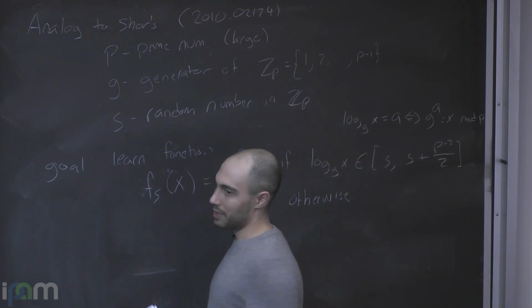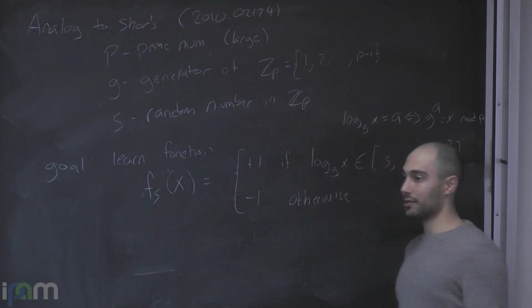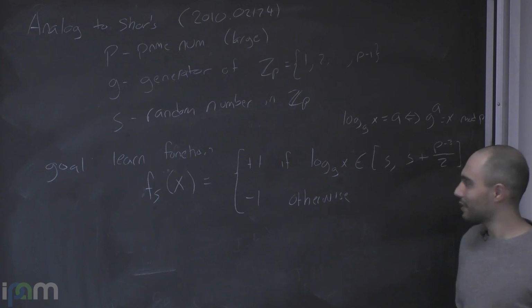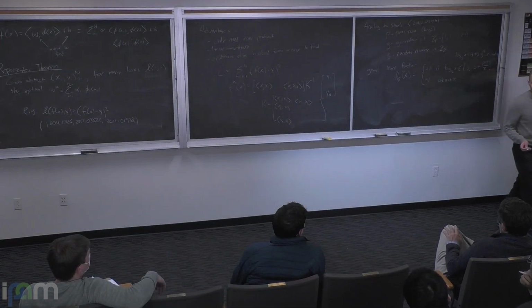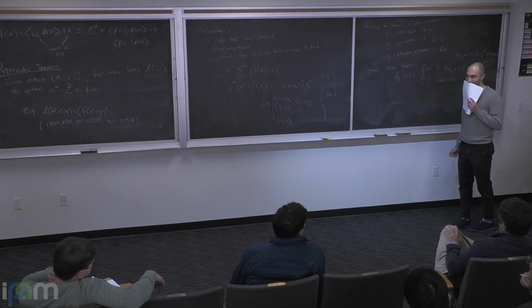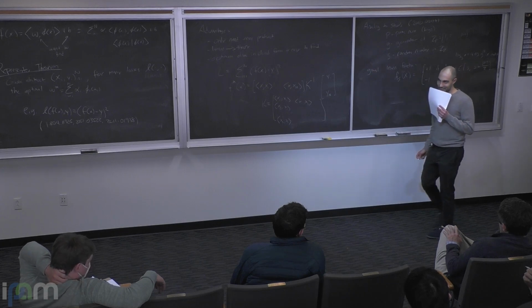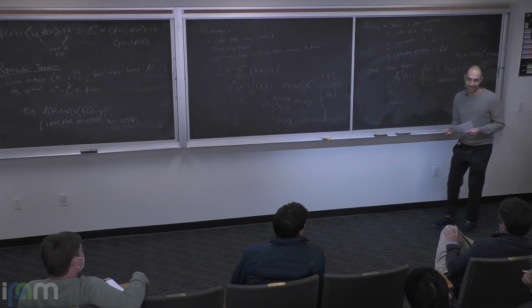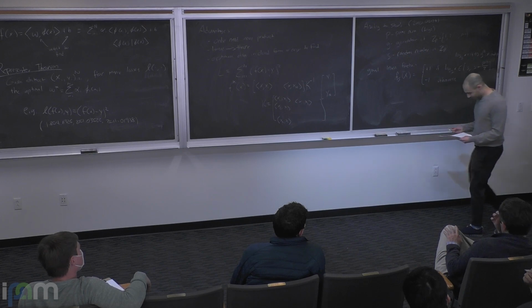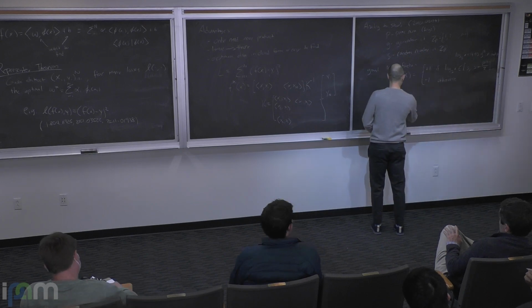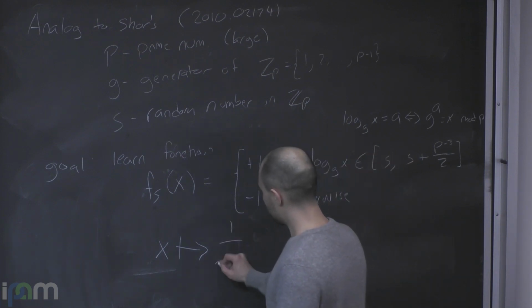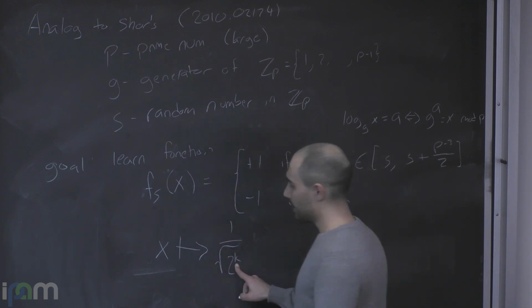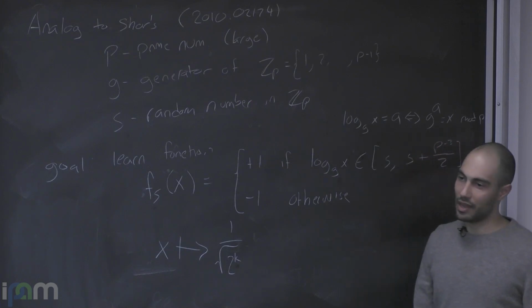To solve this, use a kernel method, which means I have to tell you what kernel they use, what feature space they use. Does anybody want to venture a guess at what you're going to use? This is a really hard question, but I'm just curious what people would guess. Close, yeah, that's kind of the idea. Well, the feature space, let me just write it, is a map which takes x into 1 over square root of 2 to the k, where k is a number chosen based on how many data points you have.